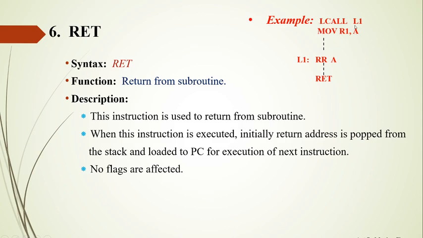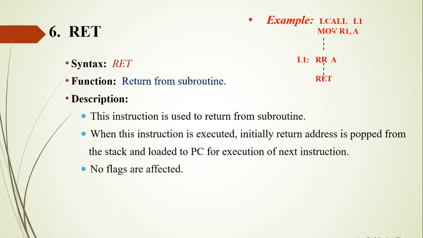So when this instruction is executed, that means here when LCALL L1 is executing, the program counter contains the address of the next instruction to be executed. But after execution of this instruction, the program counter must be loaded with the address of L1.